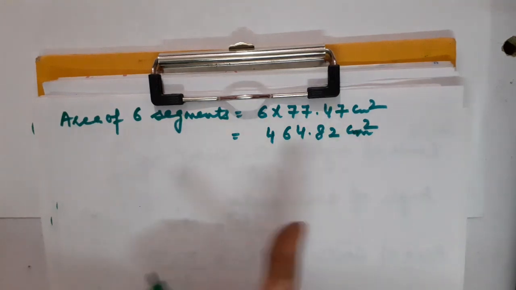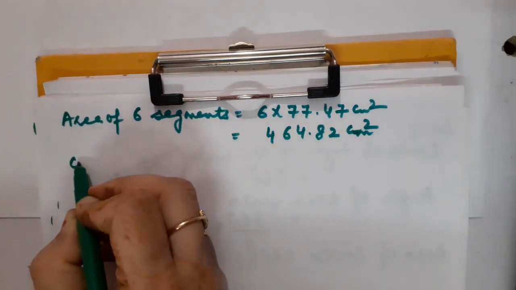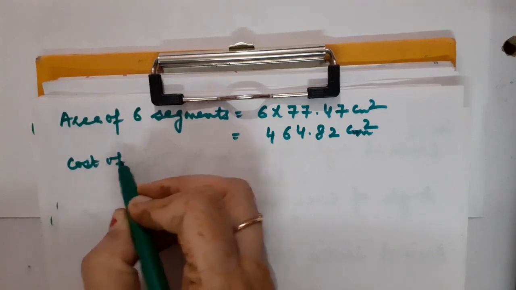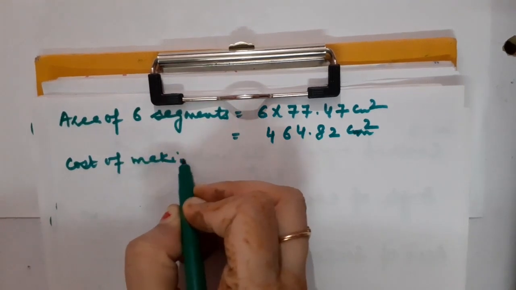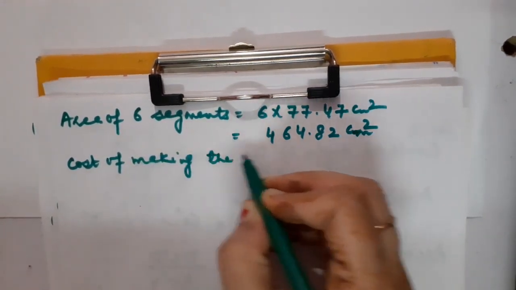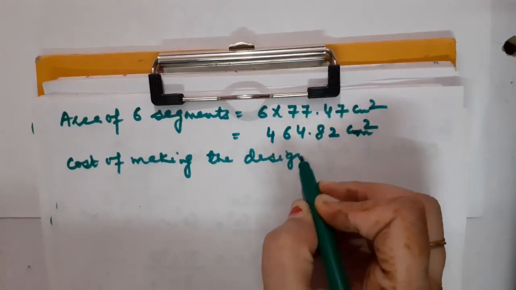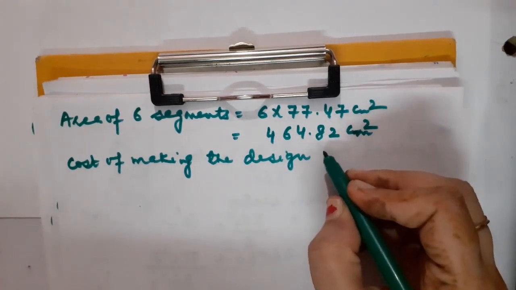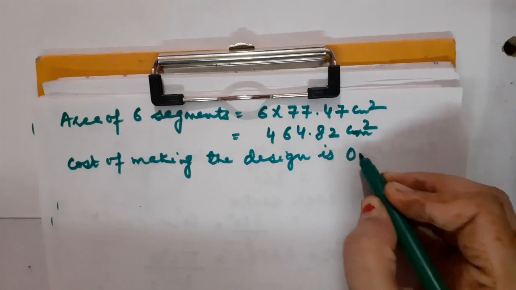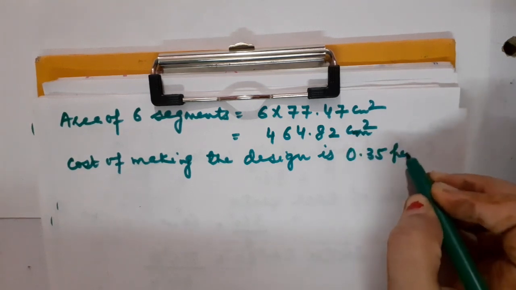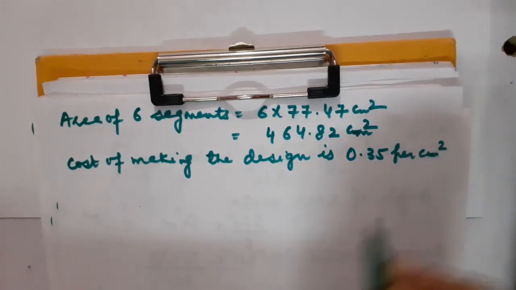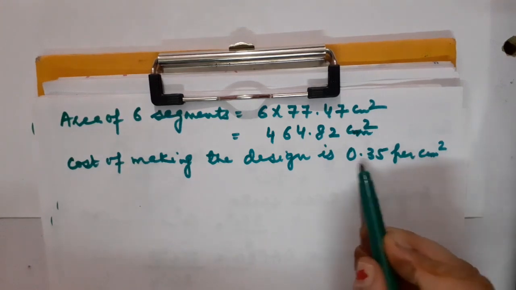But we will have to calculate the total cost. Now, cost of making the design is 0.35 per square centimeter. Per square centimeter, this is the cost.